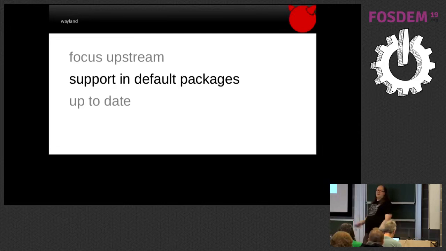For instance, the GTK toolkit is built with Wayland support enabled. Same goes for Qt and other toolkits that build on graphics. The Mesa package is built with Wayland support out of the box. This makes it much easier to try Wayland. And the Wayland library implementation itself is mostly up to date.